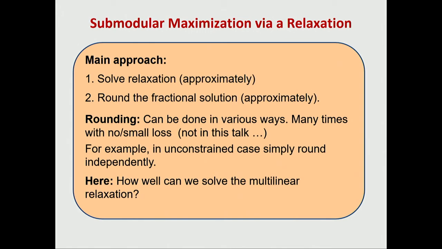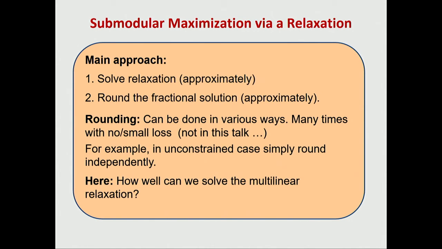In some cases, it is not an issue. For example, in the unconstrained case, you can just simply toss a coin and choose each element independently, and you get exactly the value of the multilinear extension. But in other cases, sometimes you lose and sometimes we don't. But we will not deal with this issue.